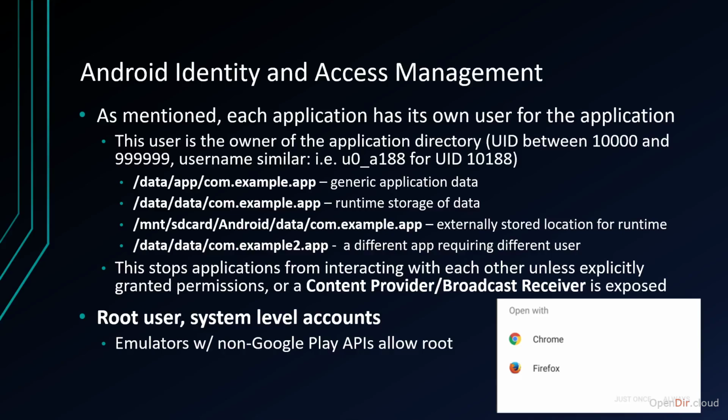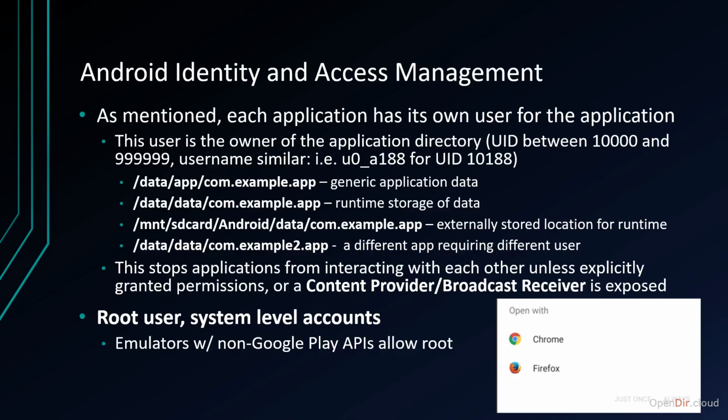The fourth bullet point is the data directory for com.example2.app. This is a totally separate directory owned by a different user with a different UID, installed on the same phone. So this is how these two example applications would be installed in their own separate directories. With that said, any given application will also have some additional directories.